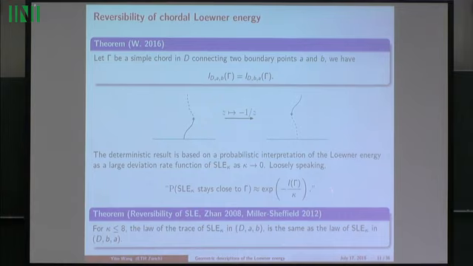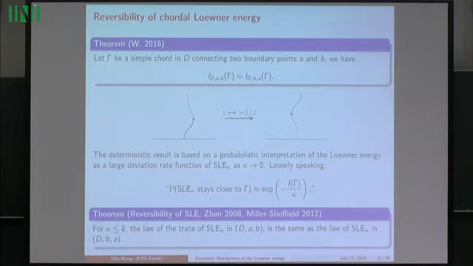And in the SLE setting, heuristically, what I proved is about the probability that SLE kappa stays close to this curve gamma when kappa goes to 0. This happens very rarely, as you know that SLE kappa will prefer to stay close to the imaginary axis. But if I force it to go close to this curve gamma, then the probability will decay exponentially with the rate function here. That's exactly the Loewner energy of this curve gamma.